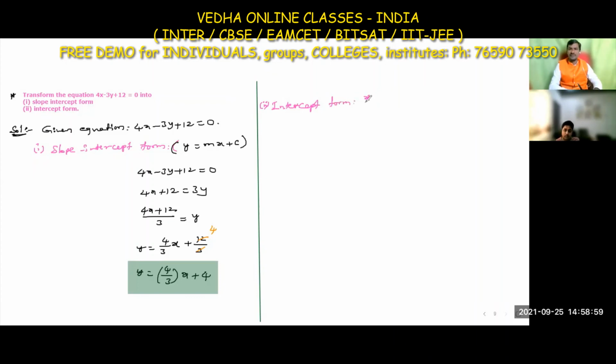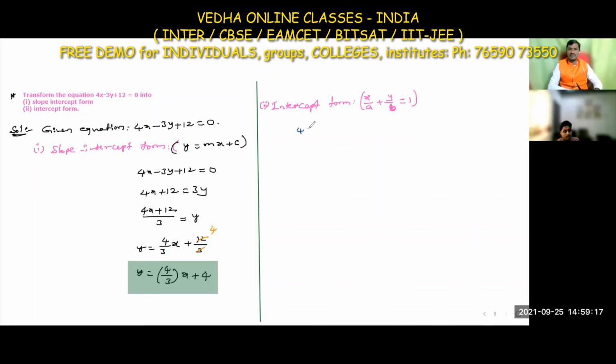What is intercept form? x by a plus y by b is equal to 1 is the intercept form, right? Yes, sir. So we have to convert into this form.